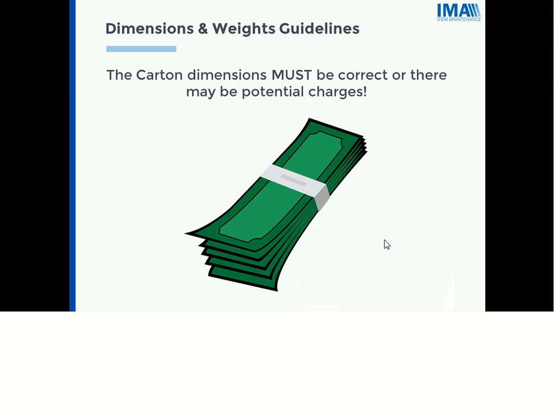In the same regard, if you say that the information you give us is going to take up half of the truck and you're the first stop, and then you end up taking up the entire truck, well, the second pickup that we had scheduled, we're not going to be able to do at that point. So we care about the carton dimensions the most because that helps us with planning our truck stops.